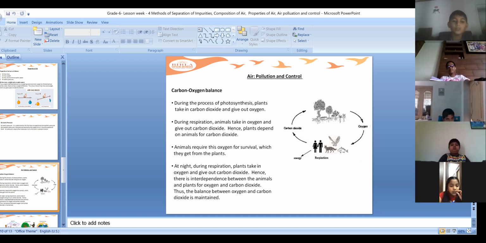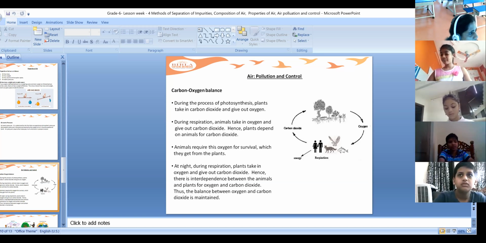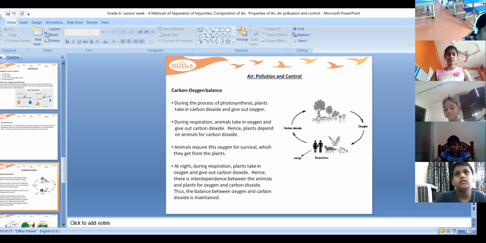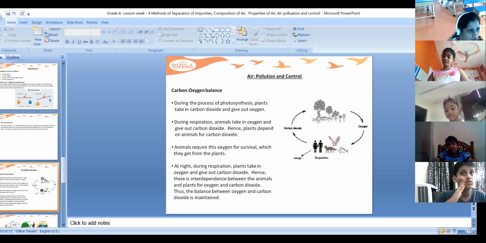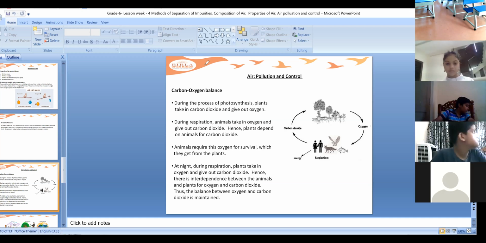Yes, children, you all can keep your camera on. So in this carbon oxygen balance, what happens is, okay, what is photosynthesis? Can anyone just tell me? What is this photosynthesis?